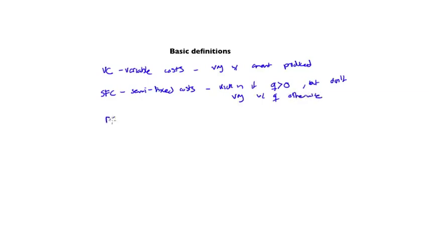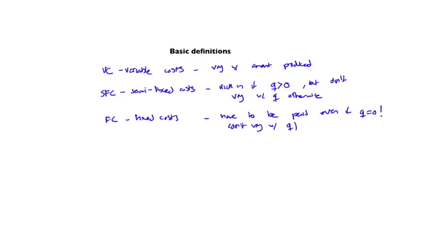And there are fixed costs, which are costs that have to be paid even if Q is equal to 0. And of course, they don't vary with Q, with the amount produced.